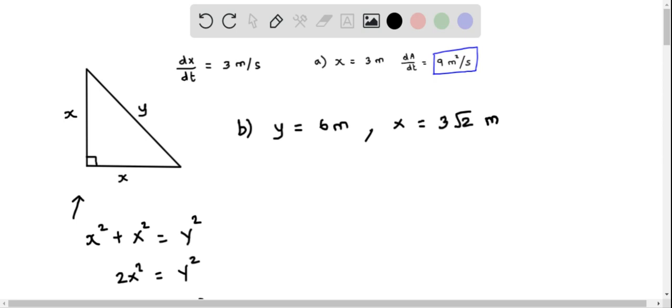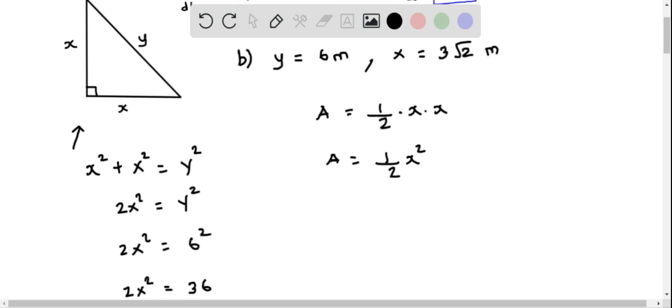Now, as we did in part A, we will find the rate at which the area changes. Let's utilize the area formula of a triangle, which equals half times the base times height. So x times x. Once again, it's going to be half of x squared, and this is the area. Let's differentiate both sides with respect to time.